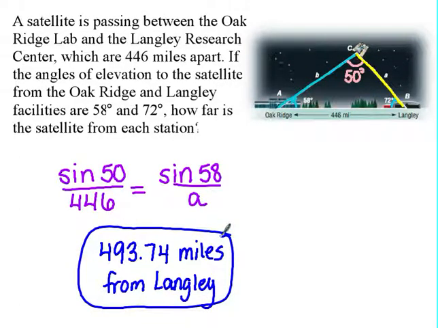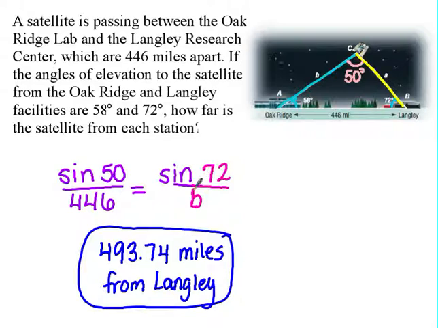Now what I need to do is find out how many miles it is from Oak Ridge. So in order to do that, I'm finding what? Sorry. Sine of 72 over B. Okay? Is this all of them? Yes. Oh, sweet. Yes.